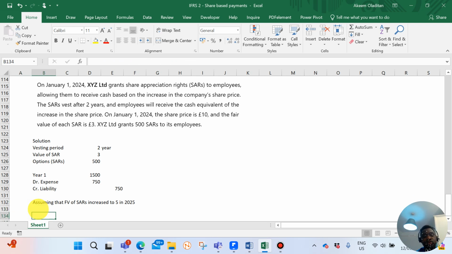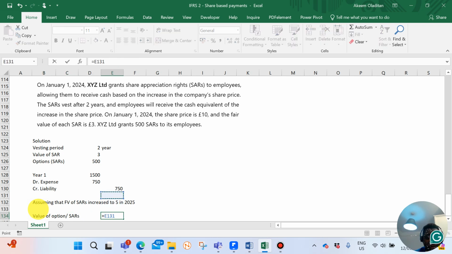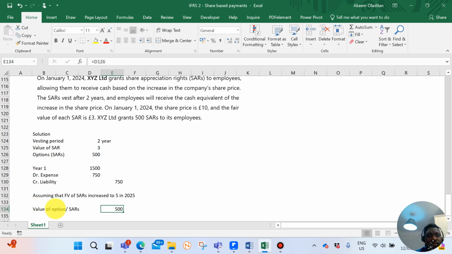So what we need to now do is, the value of the option or SAR will now be 500, the same 500, times 5.